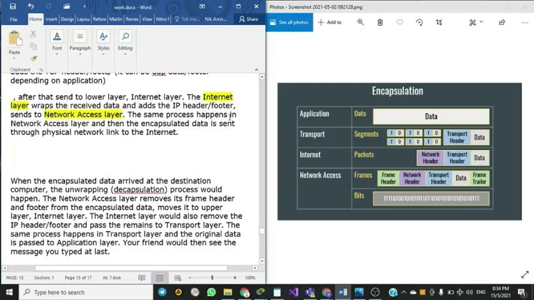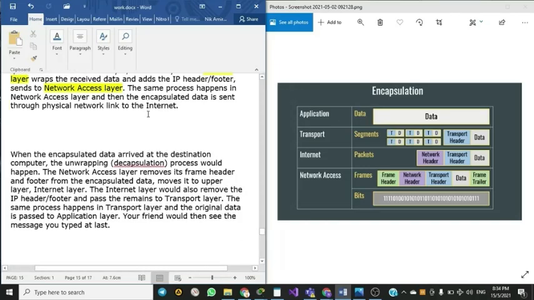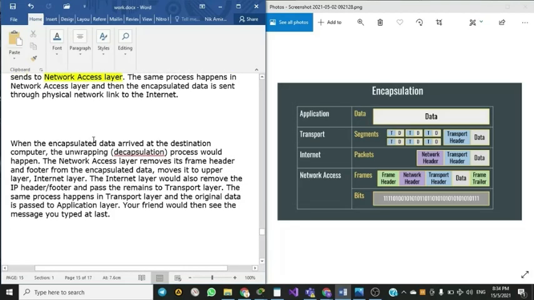The same process will happen again in the network access layer. Then the encapsulated data is sent to the physical layer linked to the internet. Your friend will receive the data and then decapsulate it in his program. During decapsulation, the unwrapping removes the frame header.